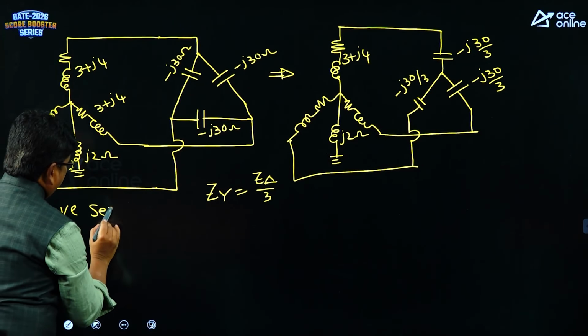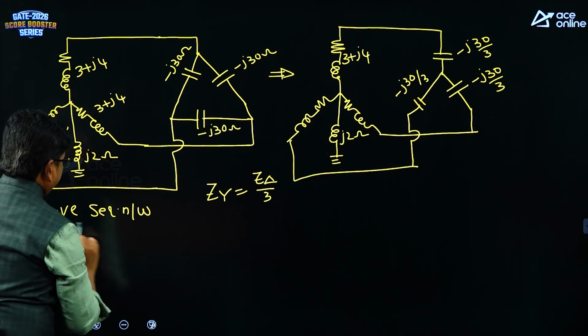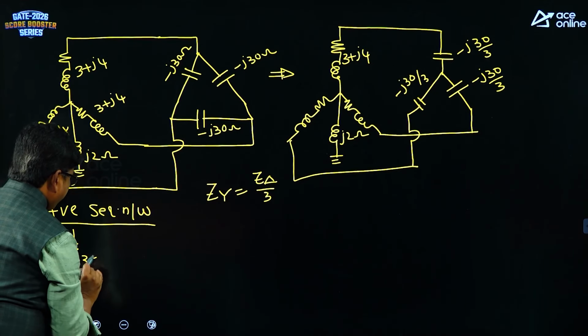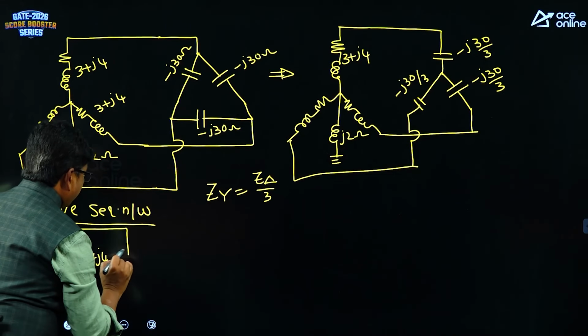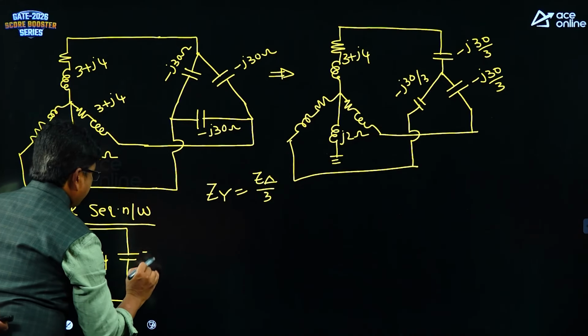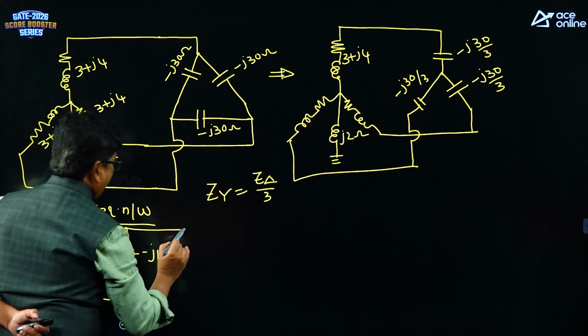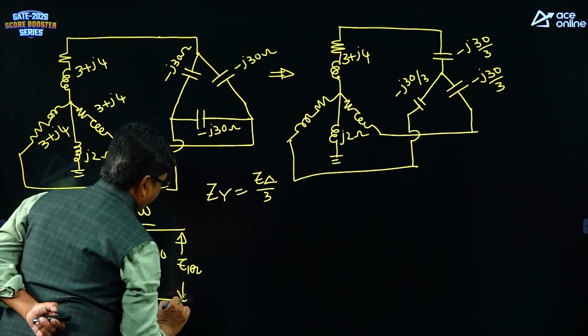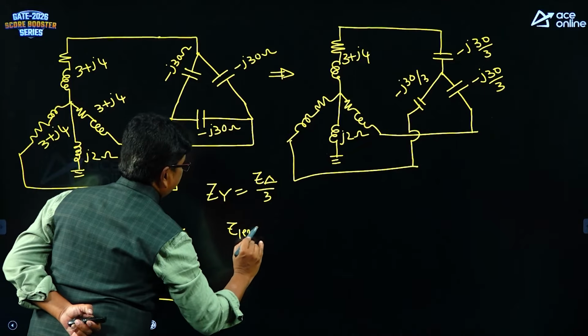Positive sequence network: 3 plus J4 in parallel with minus J10. Here I am calculating the positive sequence impedance, Z1 equivalent value. What is Z1 equivalent?